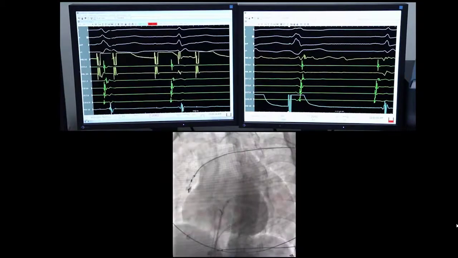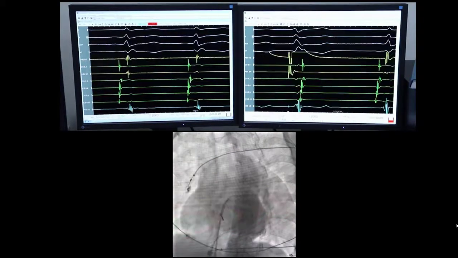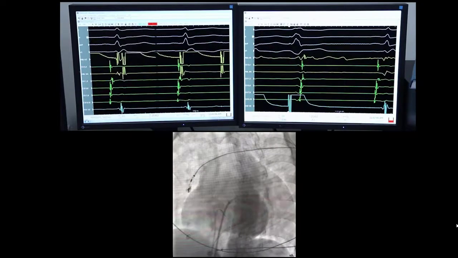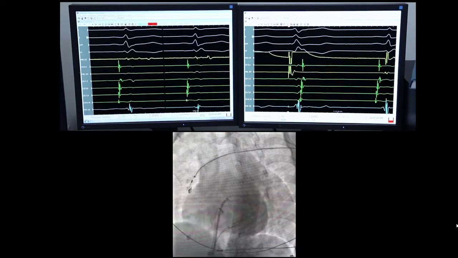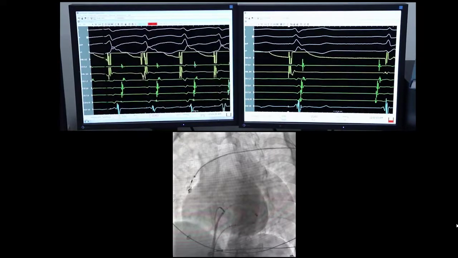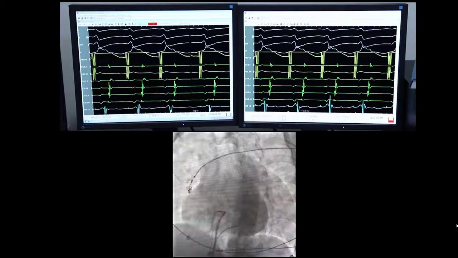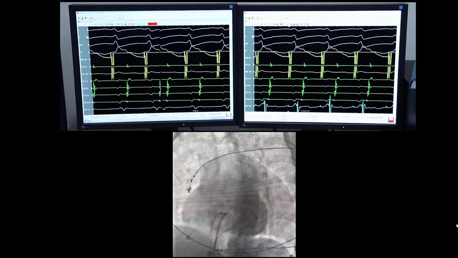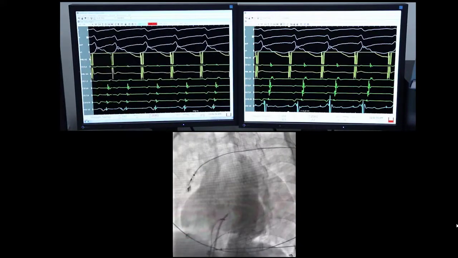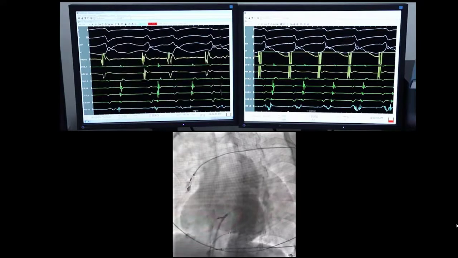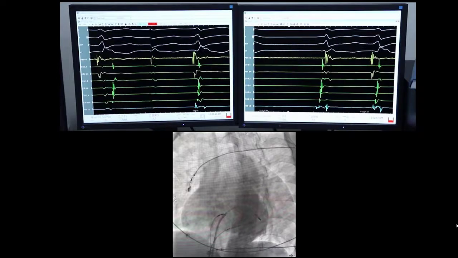Pacing from the left ventricle using the ablation catheter. We are now trying to capture the LV during pacing from the ablation catheter, with the retrograde via the AV node and the earliest A on the His catheter, and typical concentric conduction at the CS catheter, earliest A on CS 9-10 and the latest at CS 1-2.